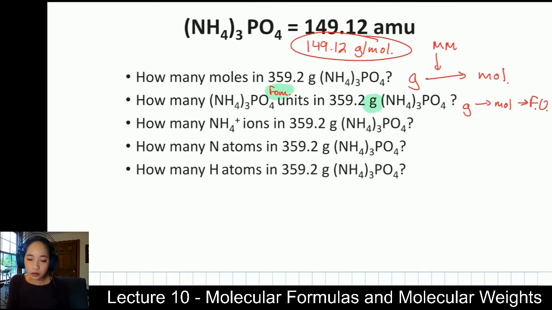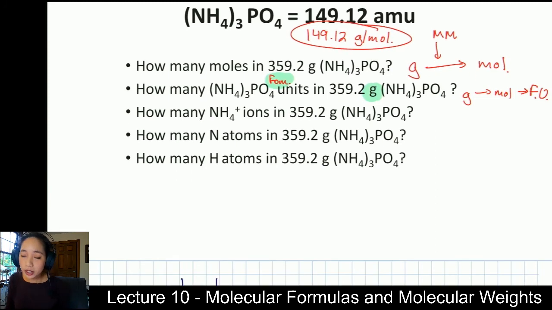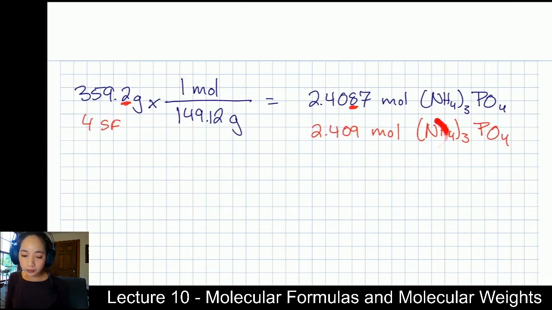We kind of did one of the steps already, where we went from grams to moles using molar mass. Now we need to go from moles to formula units of this compound. So we can actually use the answer that we got from the previous question. We can go from moles of the substance to formula units, or molecules, of the substance. So I'm going to start with this value here.